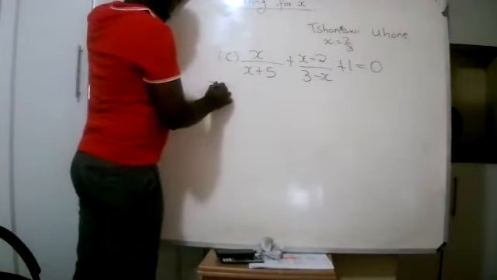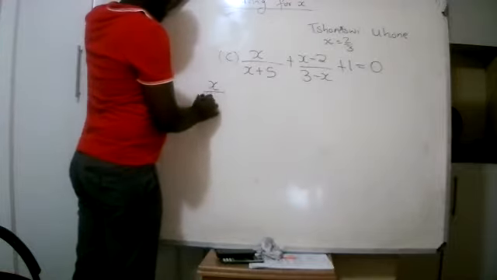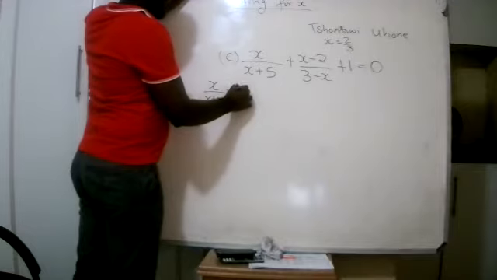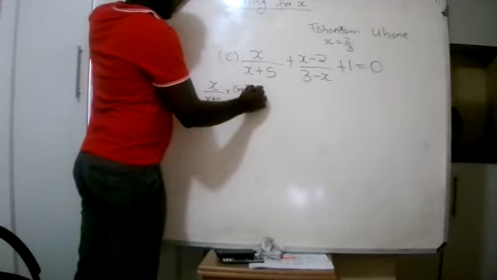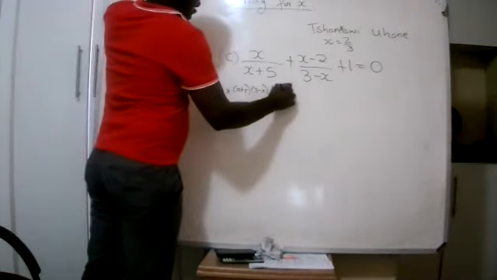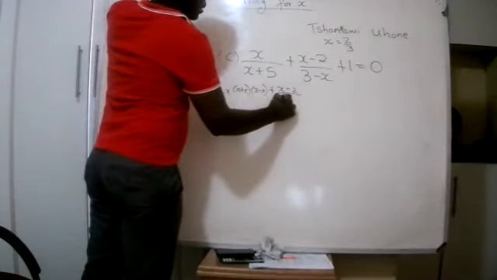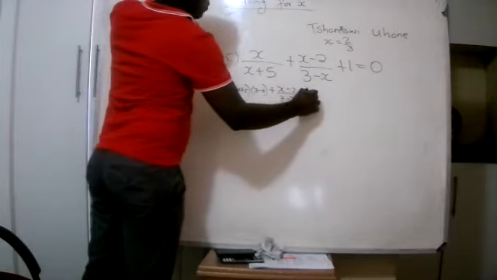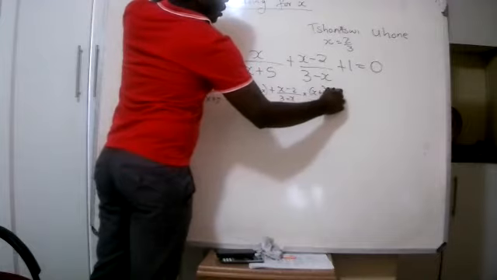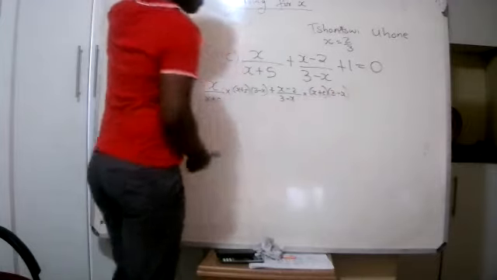So we're going to have x divided by x plus 5. Then we multiply this by x plus 5 and 3 minus x. Then again, x minus 2 divided by 3 minus x, we can multiply it with x plus 5, 3 minus x.